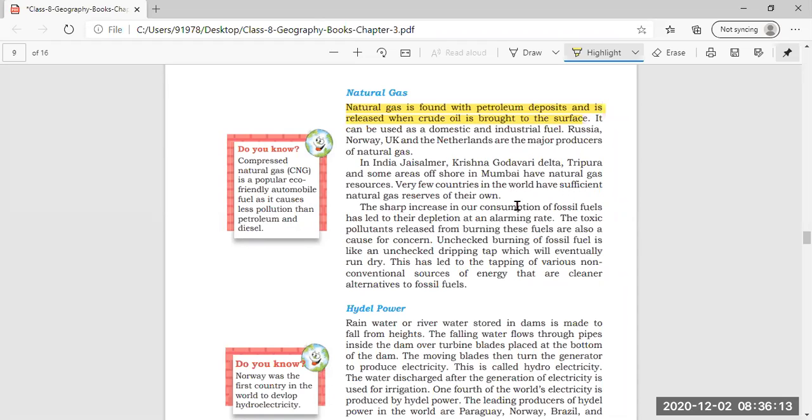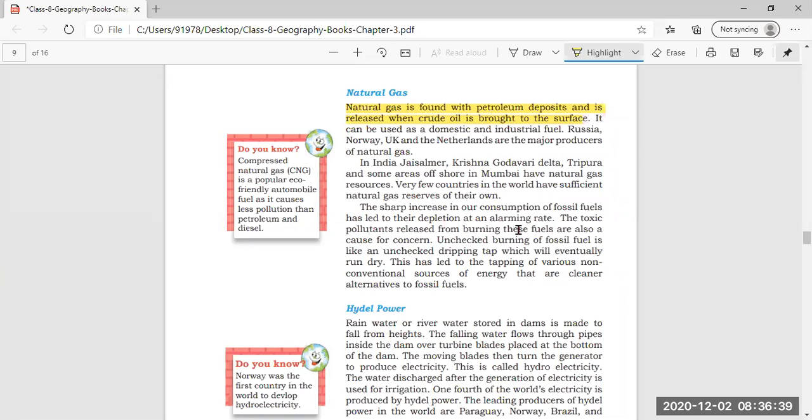Now, very few countries in the world have sufficient natural gas reserves for their own use. So we should take care of these natural gases also, as if they are not taken care of properly, in the near future they can also be depleted. The sharp increase in our consumption, that means whatever natural gas we are using, is in much quantity.